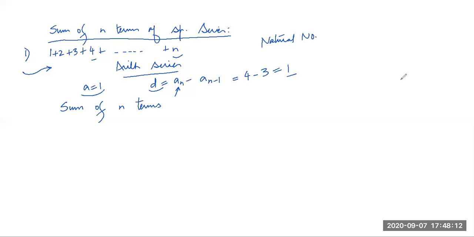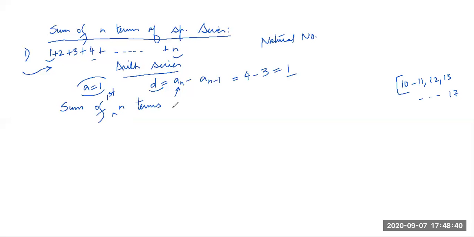They're not getting started from 10, 11, 12, 13 till maybe 17 or 20. Care should be taken. The first term has to be 1. Then this formula is applicable. Otherwise not. Rather I should write sum of first n terms. Right? It's very important.